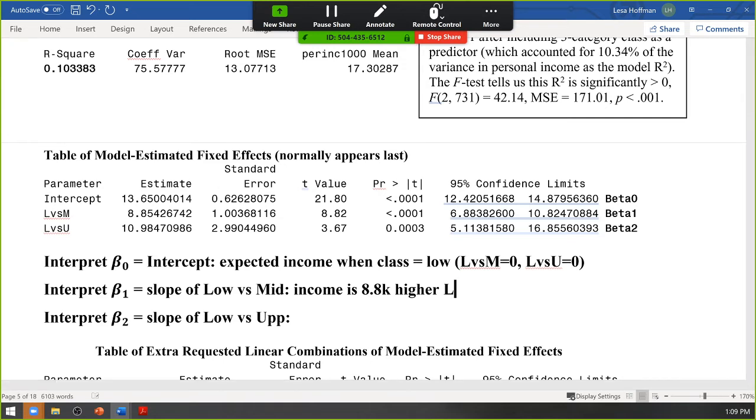It would be low versus M goes from 0 to 1, meaning we're talking about the middle group. So if we move from the reference group of low, which is $13,000, the middle group makes $8,000 more than the low group.